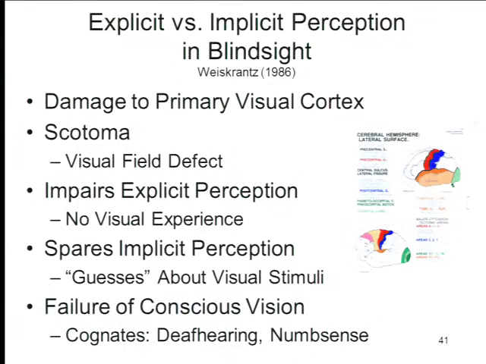So again, if you want to ask what the neural correlate of conscious perception is, you take these blind sight patients who don't have conscious perception but are still able to operate visually at some level, and you can begin to think about what its neural correlate is. And of course, it's right there in area V1. So again, this is a kind of neuropsychological strategy for looking at the neural correlates of conscious perception.